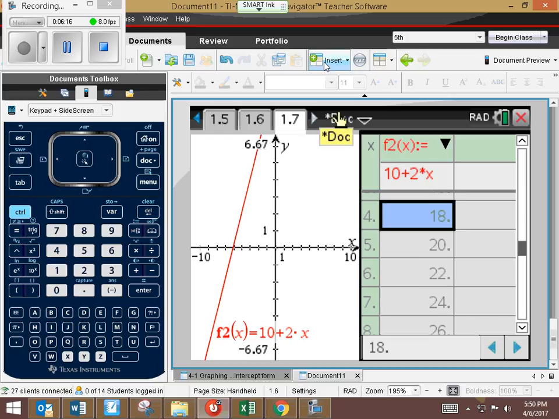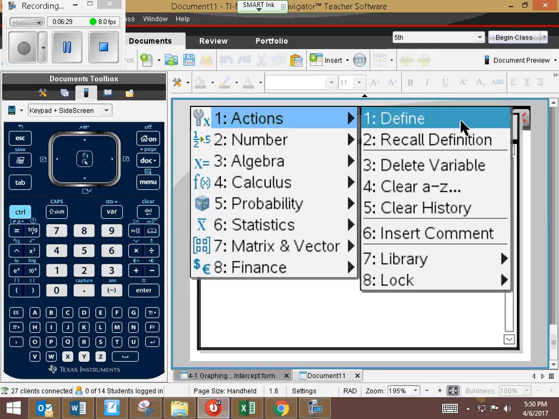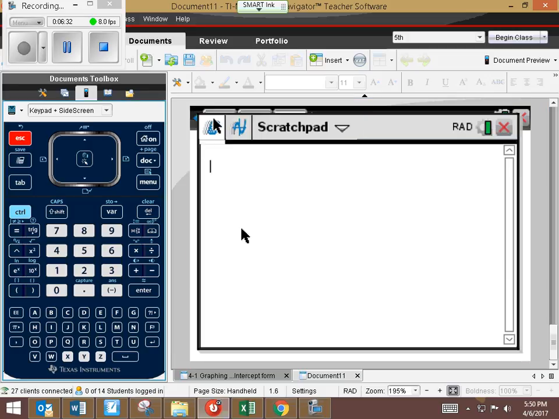Another way you could have done this is to go to the home screen, or even your scratch pad here, and press menu 1 1 to define f of x as 2x plus 10.